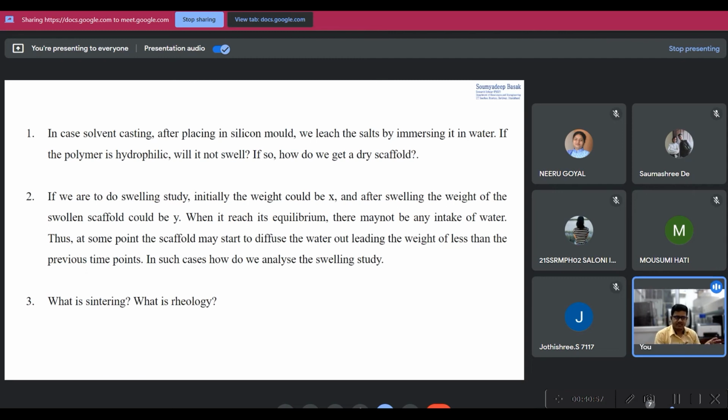There was one question that goes like this: in case of solvent casting, after placing in a silicon mold, we leach the salt by immersing it in water. If the polymer is hydrophilic, will it not swell? If so, how do we get a dry scaffold?